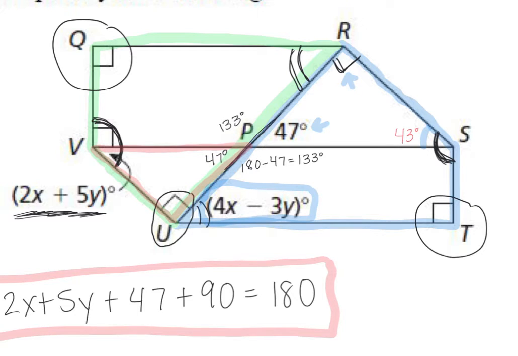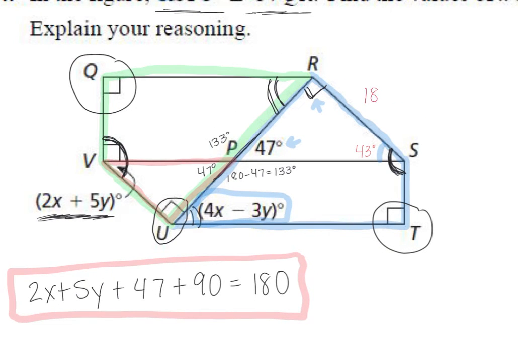I subtracted 180 minus 90, which is 90, and then 90 minus 47. Good. So you did 180 minus 90 minus 47. I got 43. Yeah, perfect. Okay?